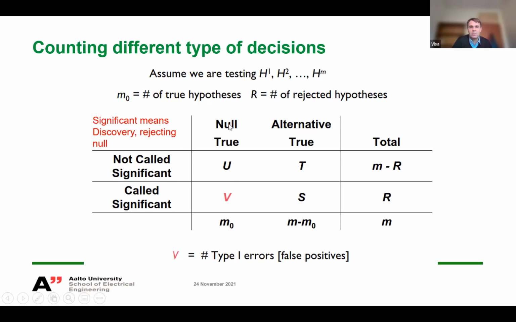If it so happens that you reject the null hypothesis, but the null hypothesis happens to be true, then you make a type 1 error. And the total number of hypotheses that you reject, or where you accept the alternative hypothesis, is denoted here by R. These two numbers will be used later on quite a bit.